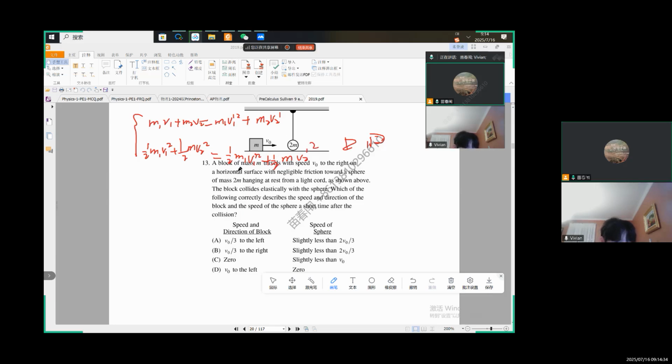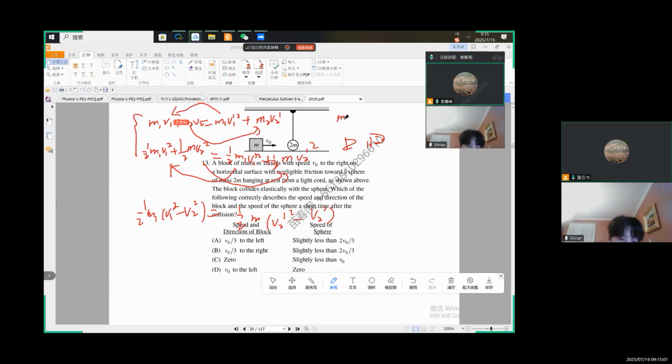So I still use difference between squares. So it's 1/2 m1 times v1 squared minus v1 prime squared. Does that make sense? And this one is 1/2 m2 times v2 prime squared minus v2 squared, right? Does that make sense?